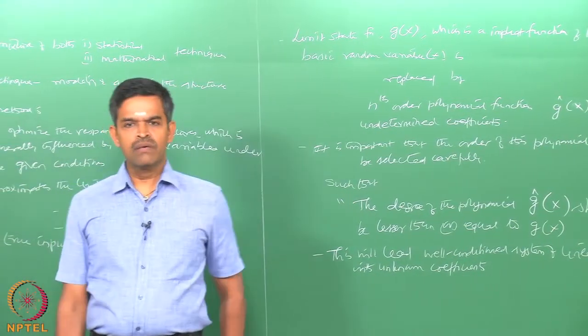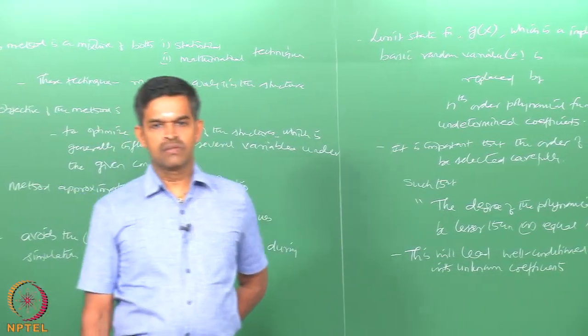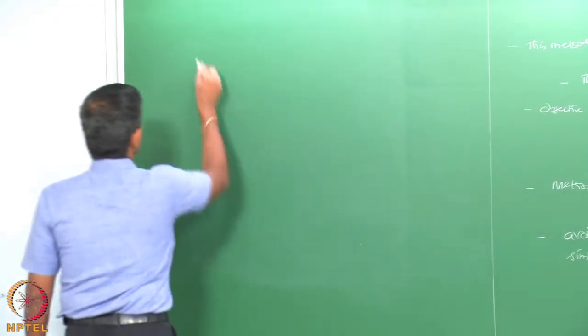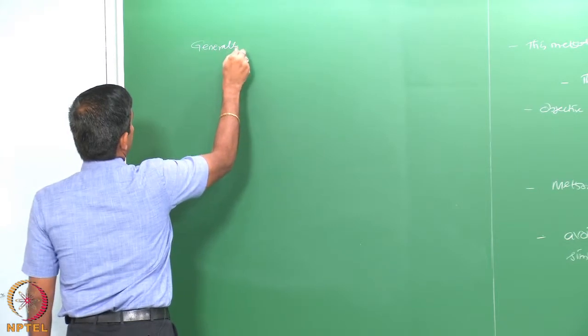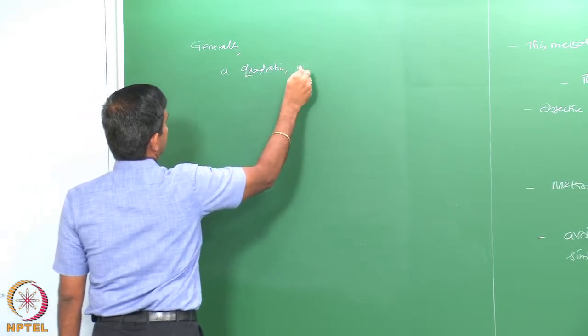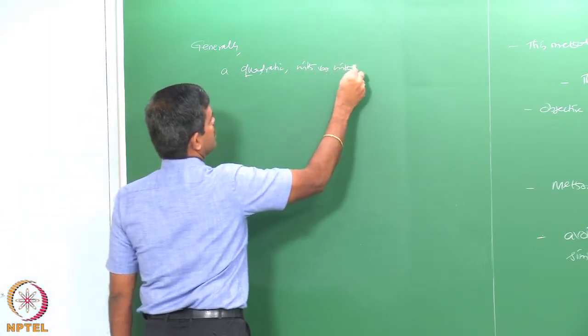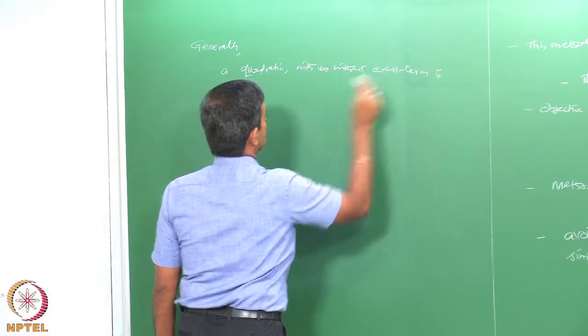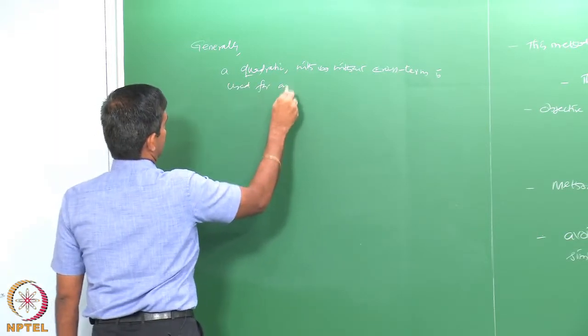Typically, a quadratic with or without cross terms is generally used for approximation.